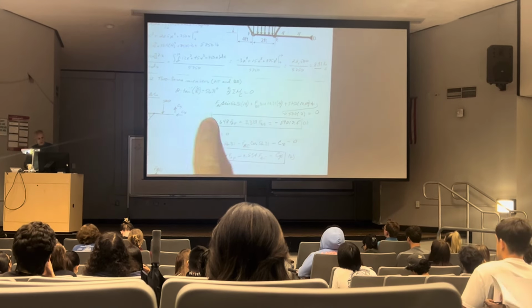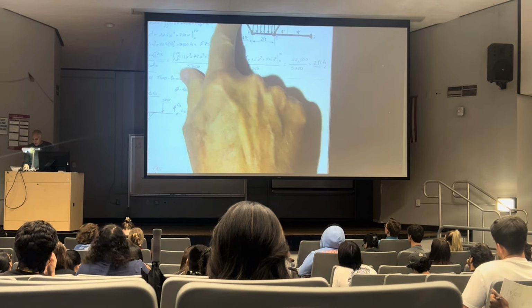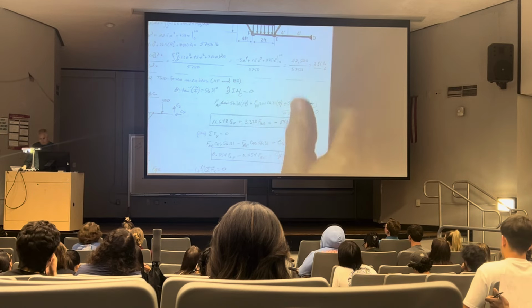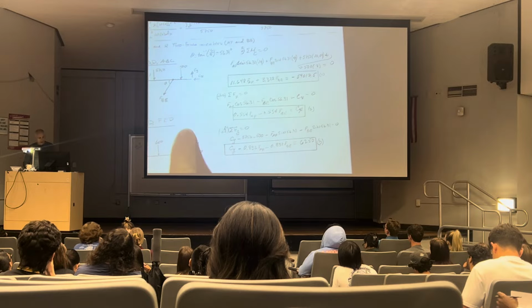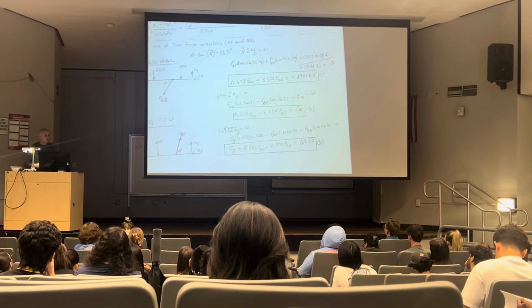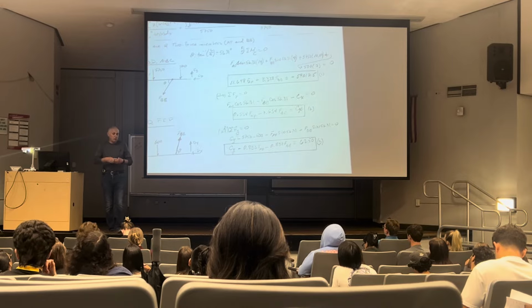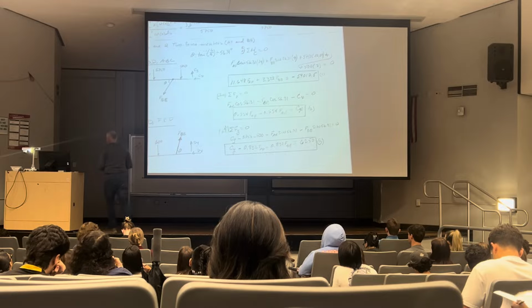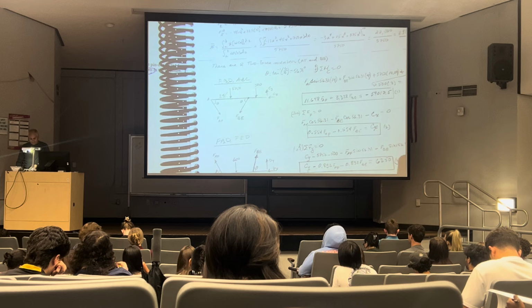Notice, I did not bother finding pin C and D. I went straight to dismembering. And then I realized, oh, wait a second. AF and BE are two force members. So what did I do in the free body diagram? I drew them in as a force instead of Bx, By, Ex, Ey, and I just drew it as a force, FBE and FAF.